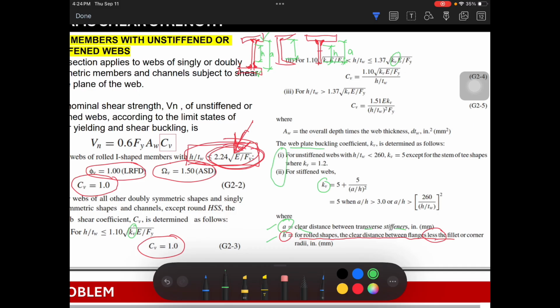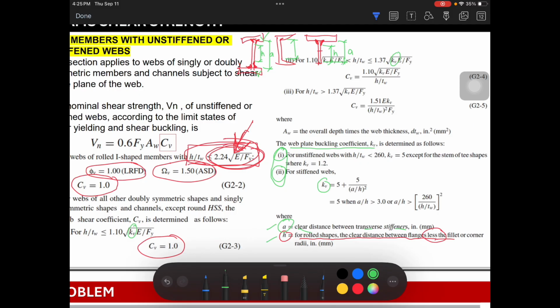KV is web plate buckling coefficient. So, for KV, meron siyang dalawang cases. So, first case for KV, for unstiffened webs within H over TW less than 260.